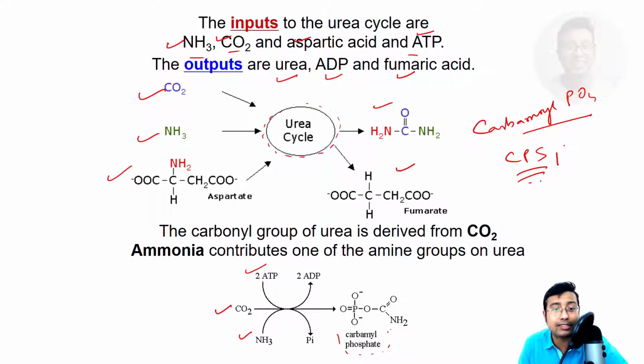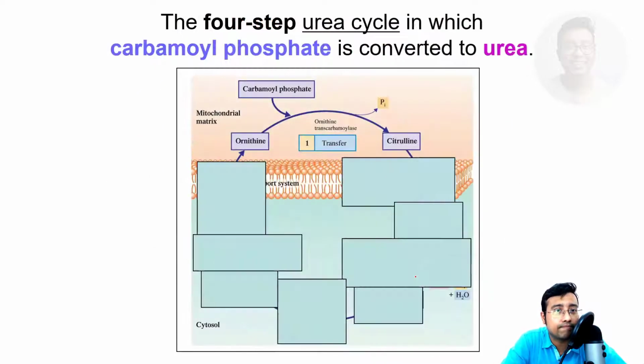So this is the first step. Carbon dioxide and ammonia in the presence of ATP form carbamoyl phosphate, and this happens inside the mitochondria. Once carbamoyl phosphate is formed inside the mitochondria, it enters the cyclical reaction.